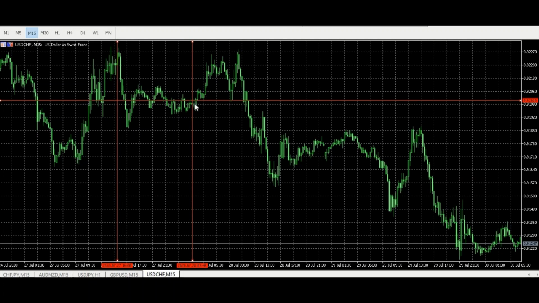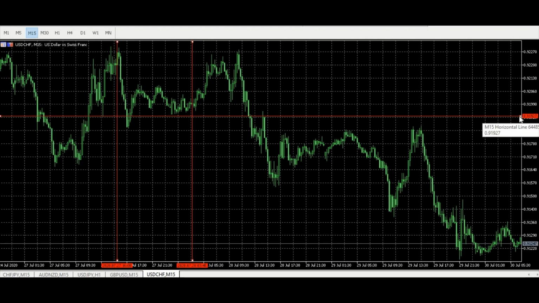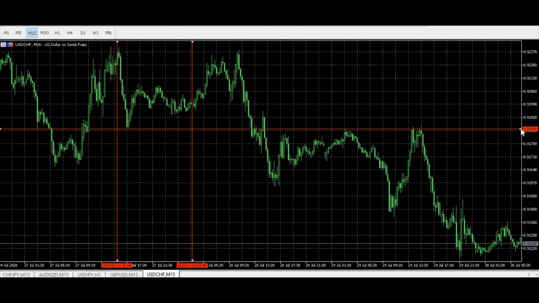When I had the first wave and the second wave, I removed my stop loss and reinstalled it, because the first one was somewhere here, and then I moved it to the right place here. Why here?